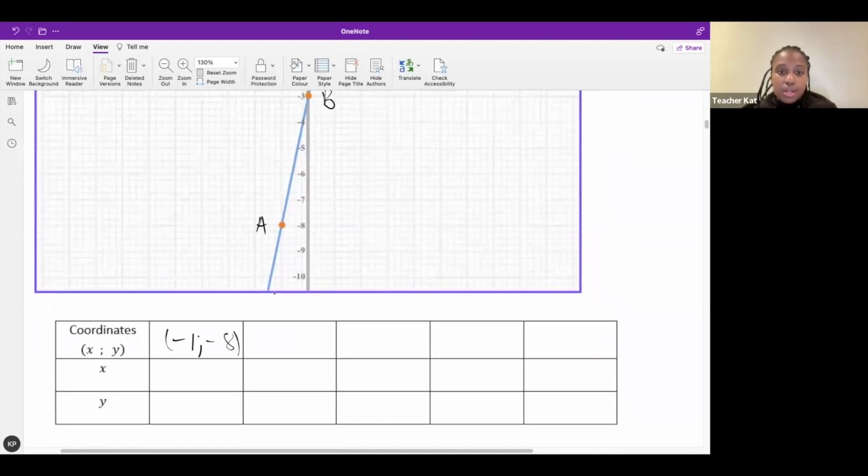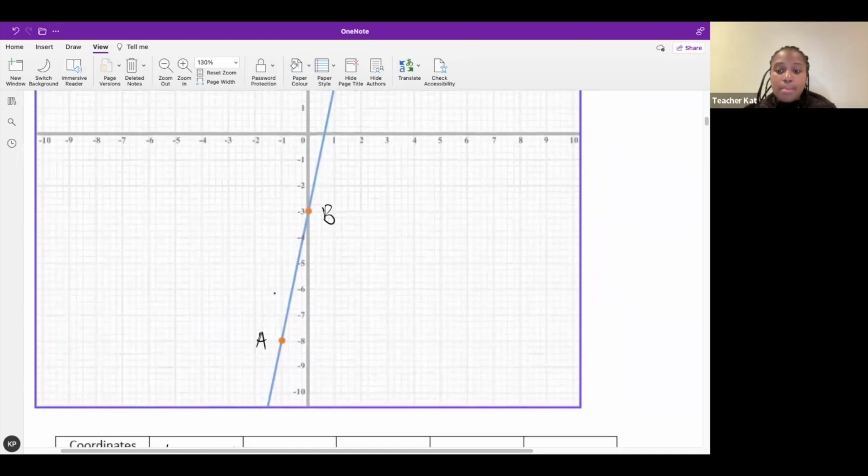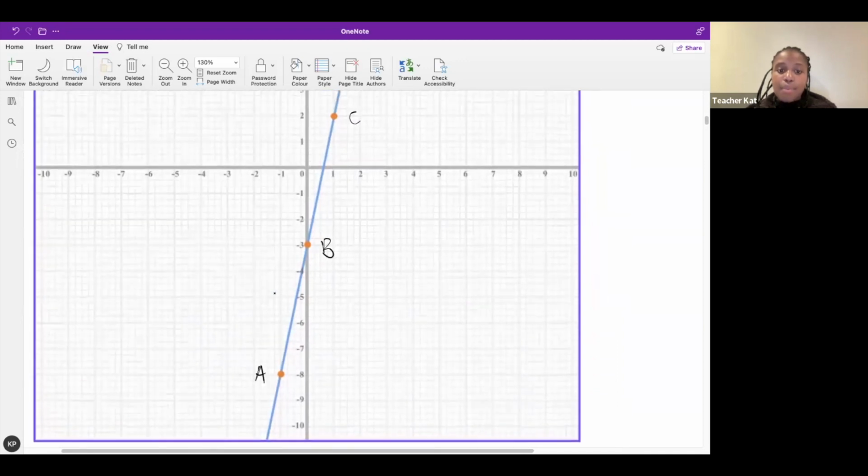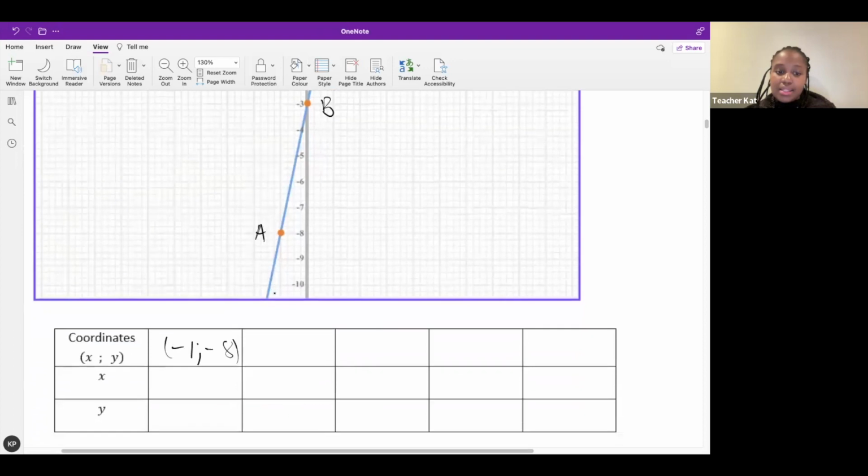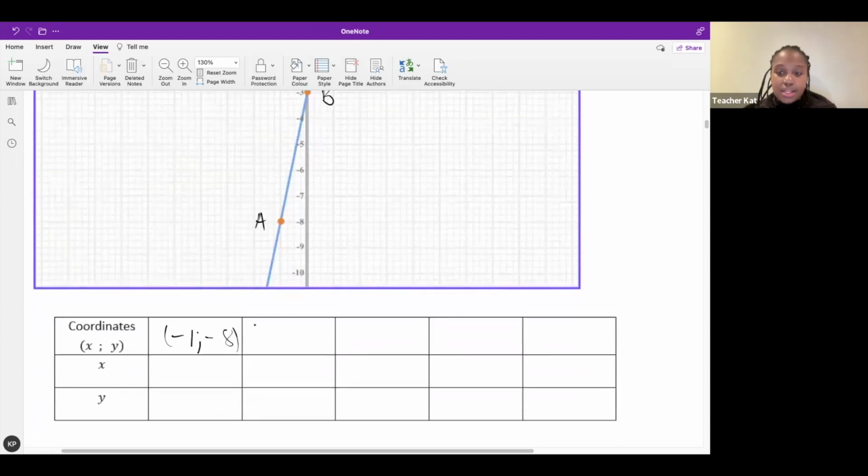Let's look at point B, which is on my y-axis. If a point is on any axis, one of them will be 0. Which one is it in this case? That is true. It is x. So then my point is 0 and... Nice. 0 and -3.